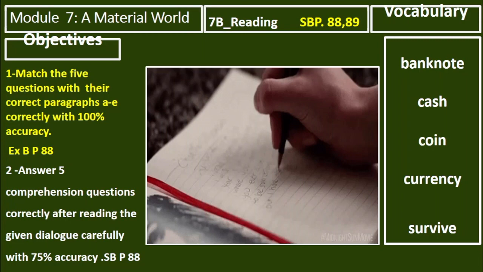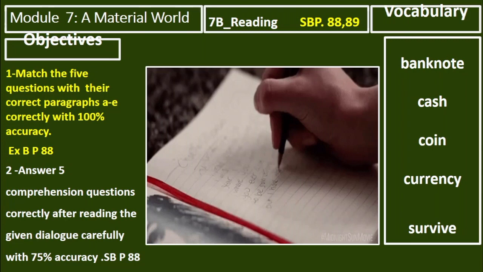Meaning, you've got to find the paragraph heading, the heading that suits each paragraph. Each paragraph has its own heading. You've got to scan each paragraph and match it with its correct heading.